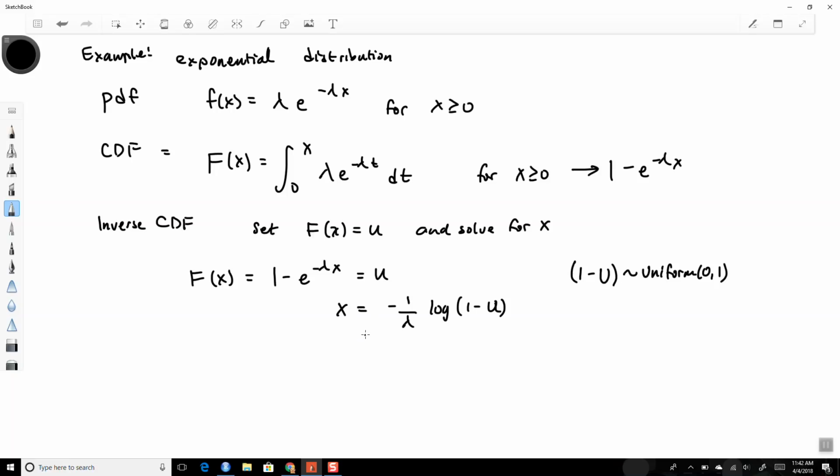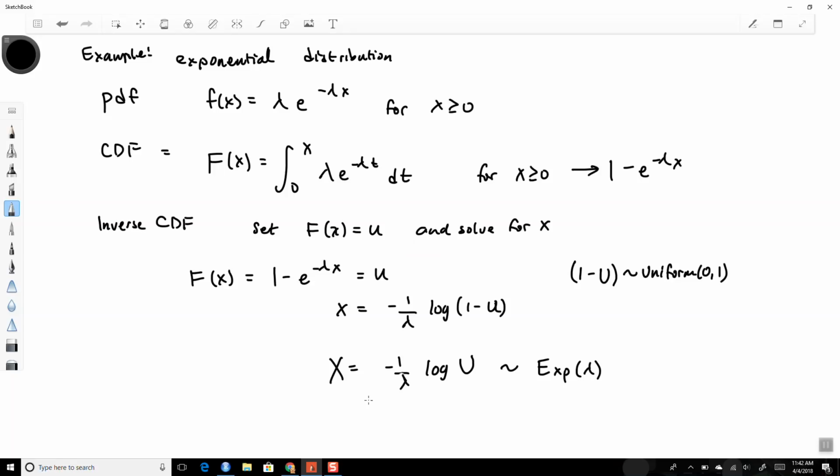So a lot of times we'll just say the random variable x can be defined as negative 1 over lambda log of u. And this is equivalent to an exponential distribution with parameter lambda. So if you wanted to generate values from the exponential distribution, where this is a lambda here, you can use the uniform distribution, take the log of that, and multiply that by negative 1 over lambda. And that will give you an exponential distribution.